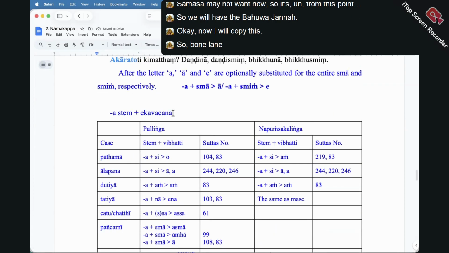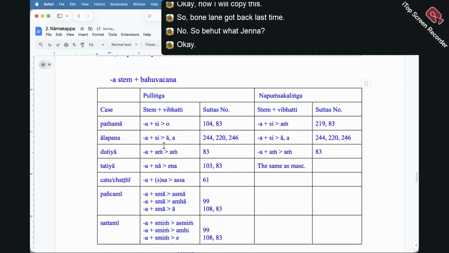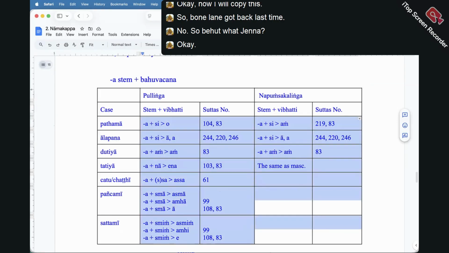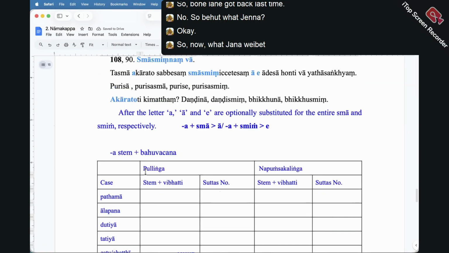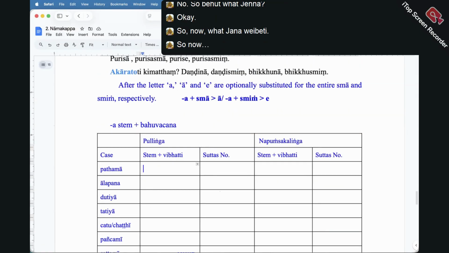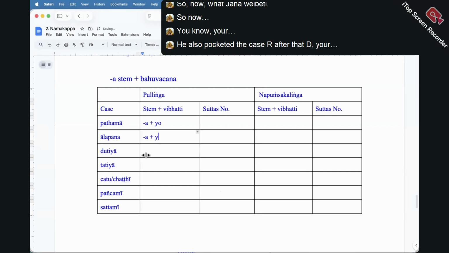So now the plural vibhati, for example. After that, the yo. Here also, vocative case, after that the yo.